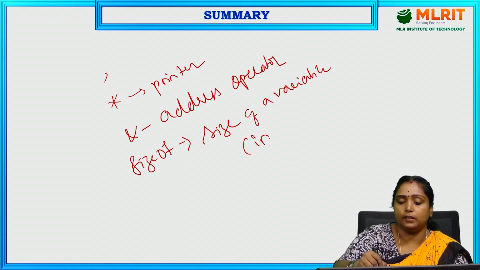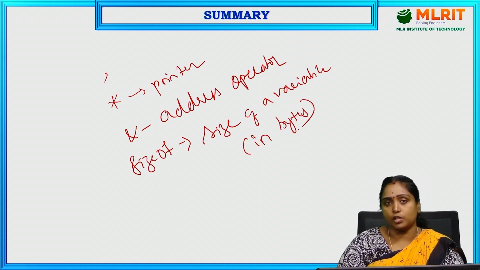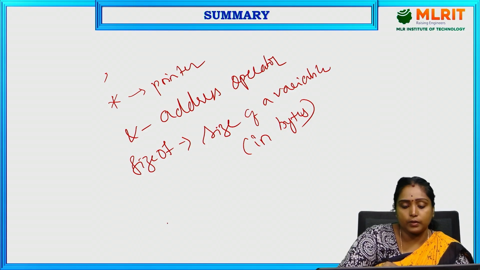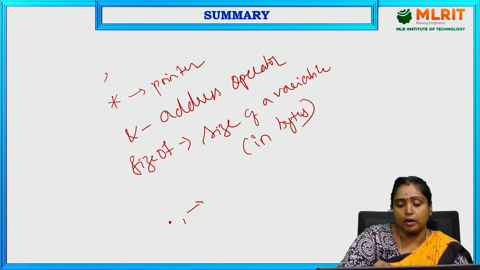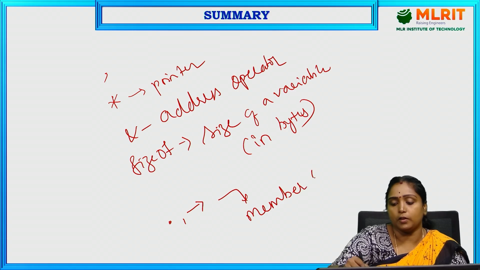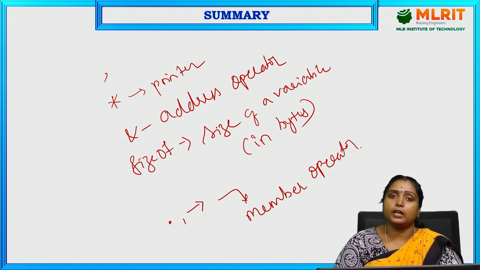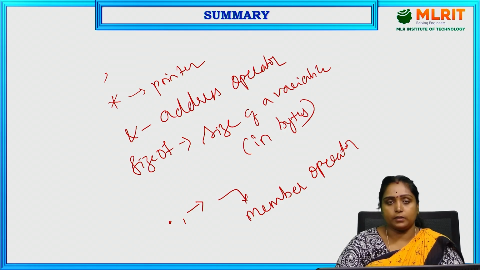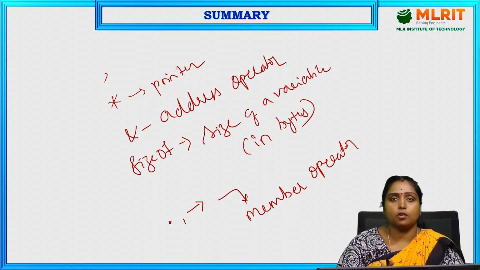It is a keyword also, sizeof. And the next ones are the dot operator and arrow operator, called member operators. In order to access structure variables, we are going to use the dot and arrow operators. So these are some of the special operators we are going to use in C.